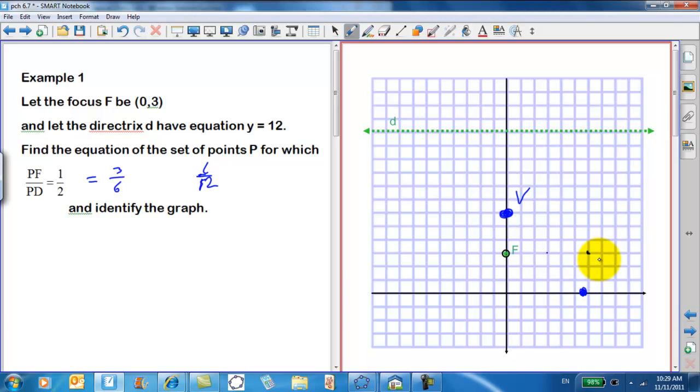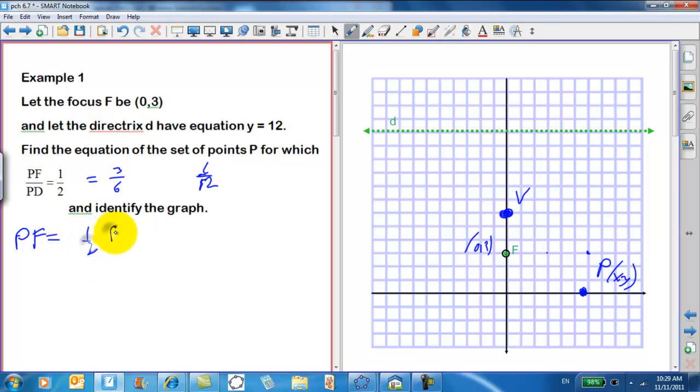So let's see what kind of equation we can come up with by using algebra. PF, the distance from some point P, (x, y), to the point F, which is (0, 3). So PF is equal to 1/2 PD, or twice PF equals PD. And PF is the square root of (x minus 0) squared plus (y minus 3) squared.